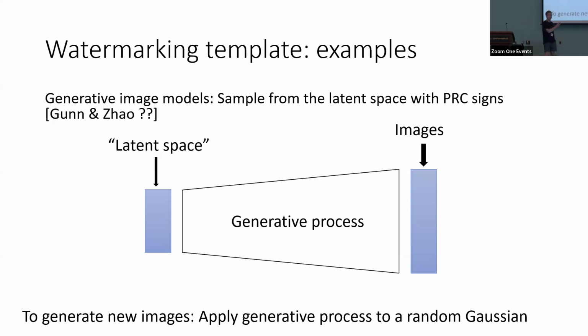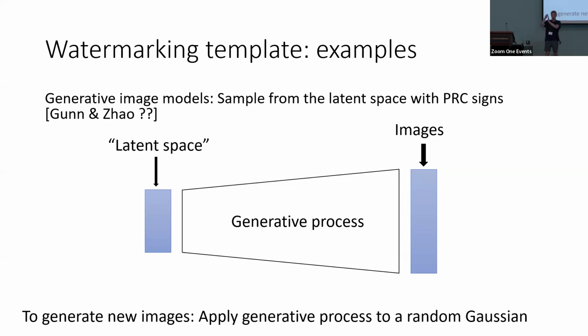And there's some algorithm for going both ways between these two spaces. The way that images are sampled from a modern image generator is you sample a random multivariate Gaussian from the latent space, and then you apply this map to get an image. So the natural way to watermark it, now that we have a PRC, is that instead of sampling a random Gaussian here, you sample a random Gaussian subject to the ith coordinate of the Gaussian having sign equal to the ith bit of a PRC.